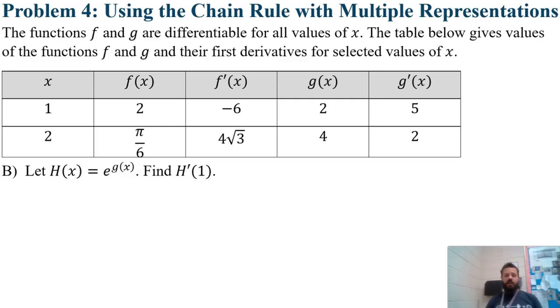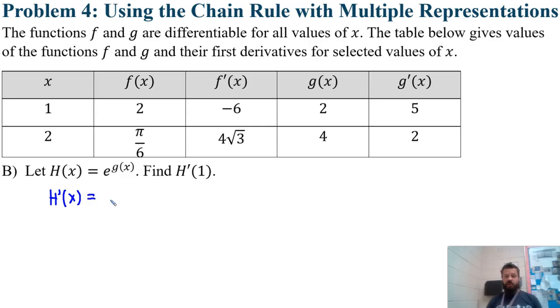Let's look at one more problem together before we give you one to try on your own. Again, we're talking about the chain rule using multiple representations. This time I've got a g of x coming from my table once again, but also part of my function h of x is written out explicitly as e to a power. First thing, let's find h prime of x.